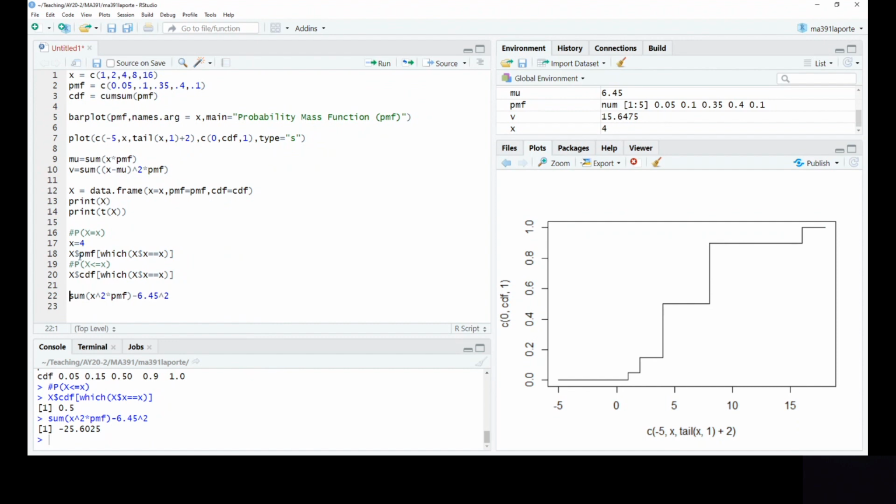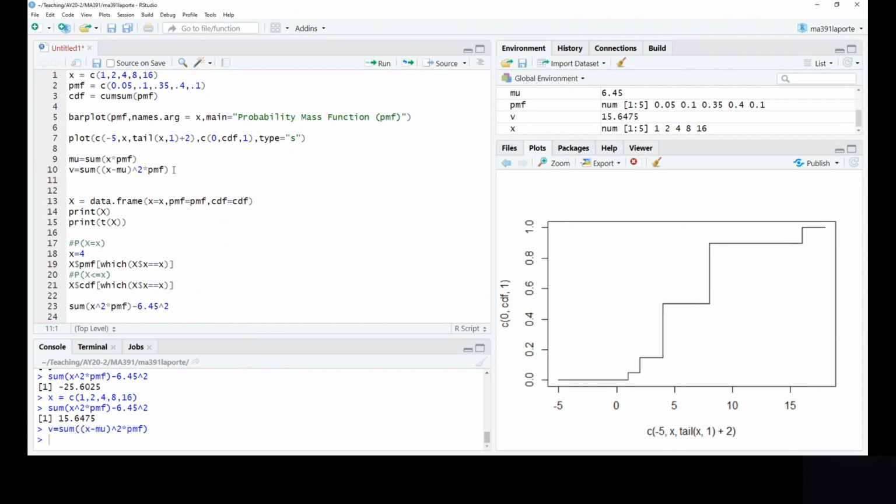Oh, that's because I used 4 here, right? So I've got to go back up here, press Control Enter again, and then do it again, and we got 15. So I redefined what x was here. All I did was go back up here, rerun this, and then find that, right? And so we get the same number as we did earlier when we found the variance. So we get the same exact numbers.